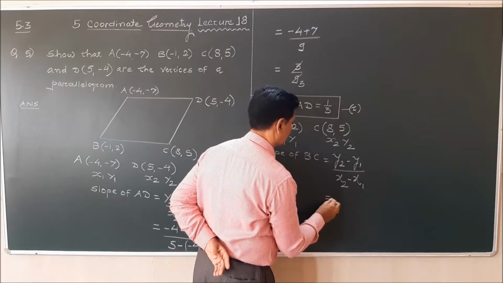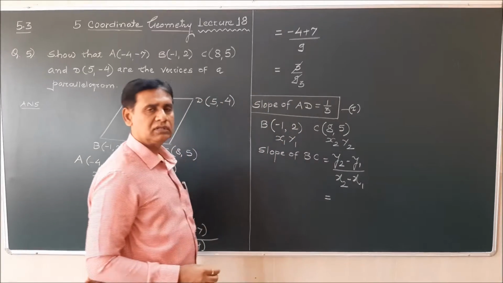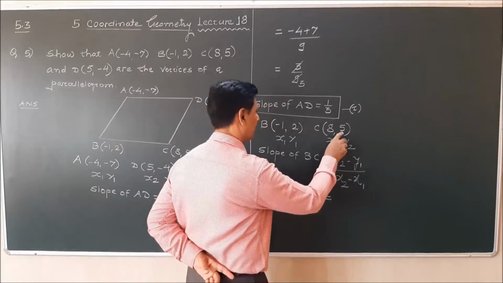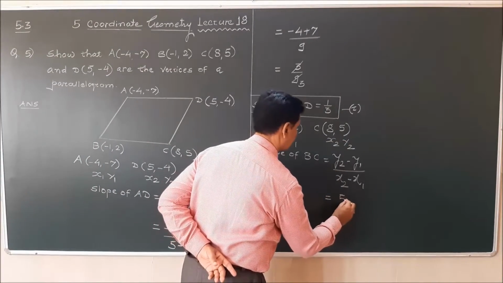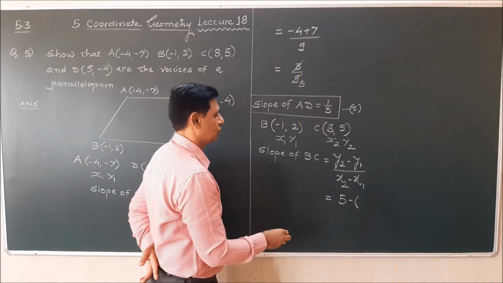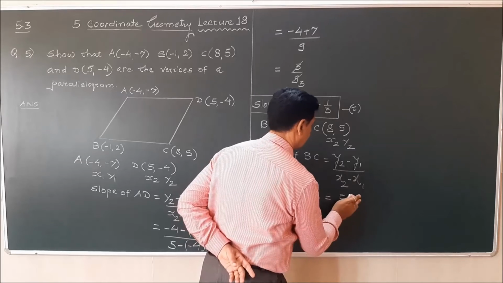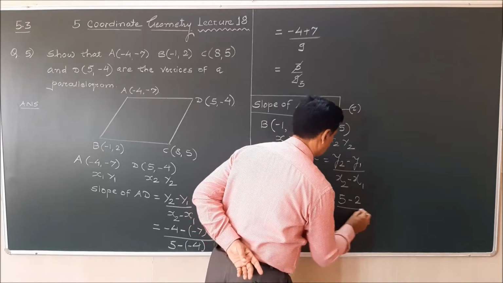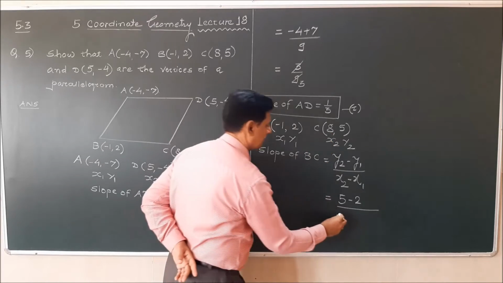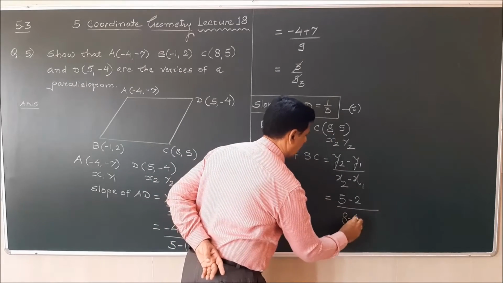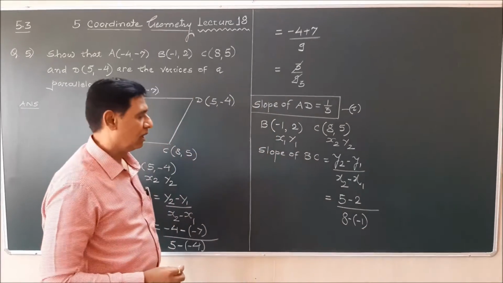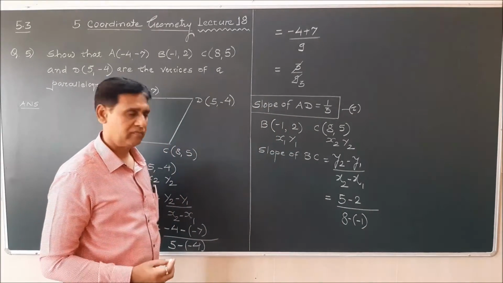Now substituting the values here also, the value of y2 is 5, so 5 minus y1 which is 2, upon x2 minus x1, that is 8 minus of -1.